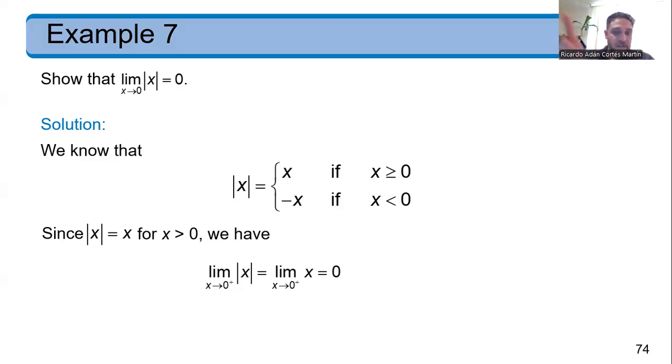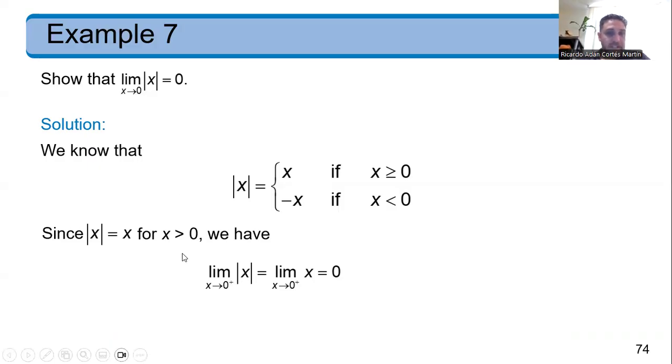If you recall, it was a graph like a V. Since this is a piecewise defined function and exactly the point where it changes the definition is 0, we are going to simply use the definition.